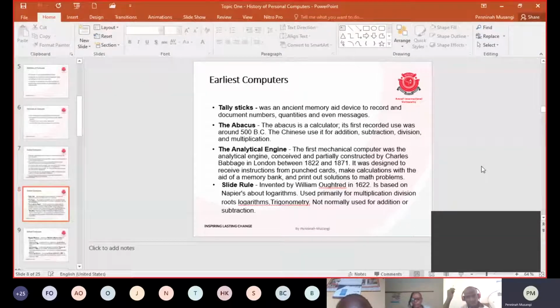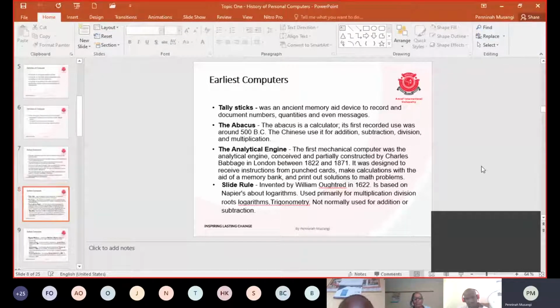What we mean by a punched card is that a card was punched the way we punch using a paper punch, but the hole which comes in is the one which contains the instruction. So this machine was receiving the instructions which were already in those punched cards, and the work of those instructions was just to make calculations. And you can see they are all doing calculations and computations.